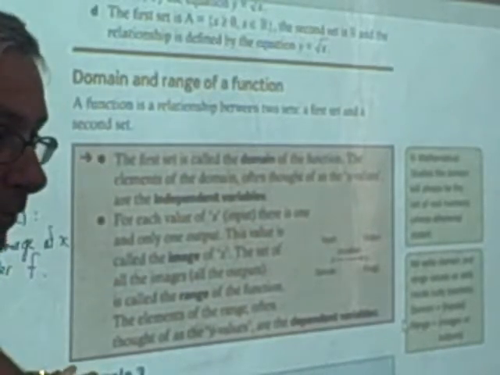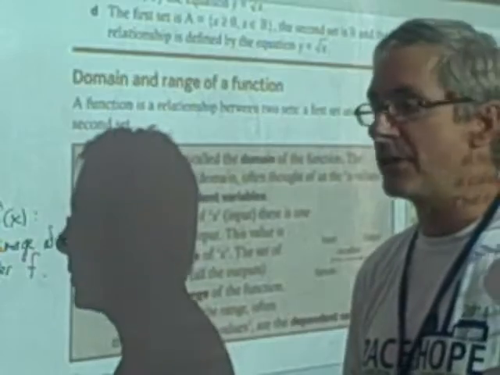F of x is determined to be the dependent variable that goes with the independent variable of x. So those are all terminology we use in functions. So domain, range, image, left values, right values, the starting set, the ending set, those are all the things we have involved in the beginnings of the terminology of functions.